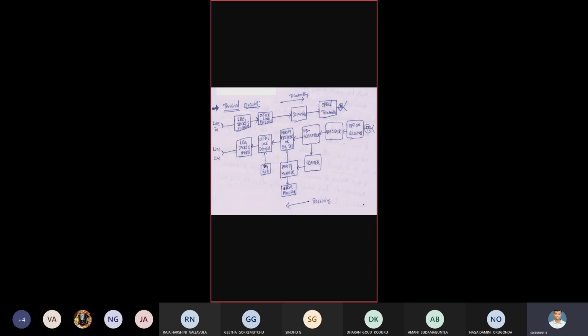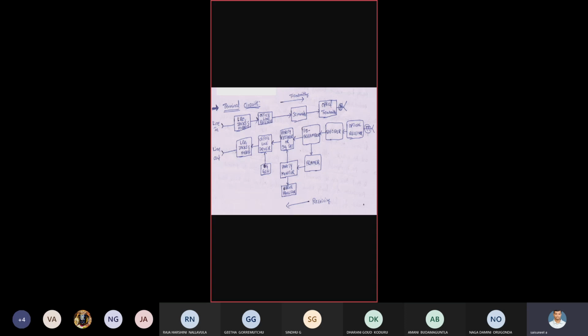This is used to convert from unipolar to standard bipolar signal. Then again it goes to LBOs, jacks and hybrids, and finally to line out.